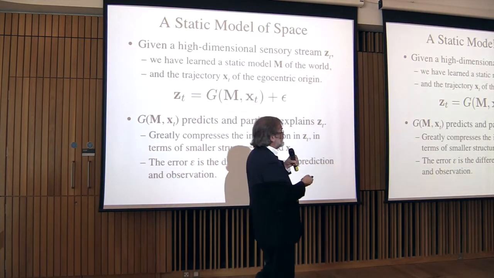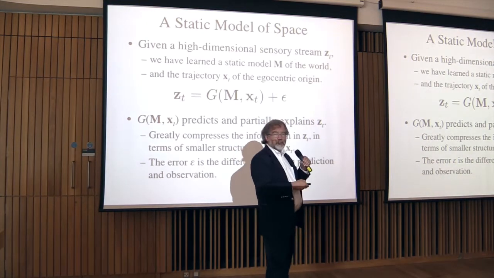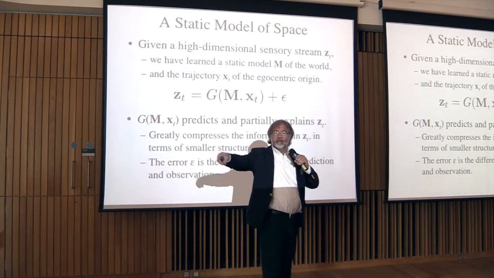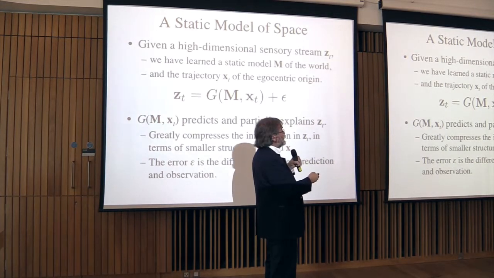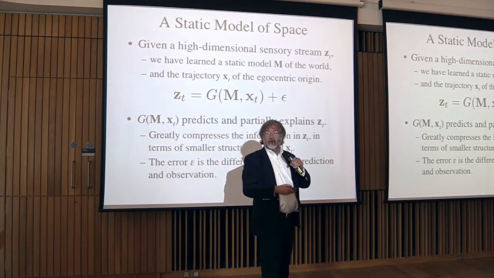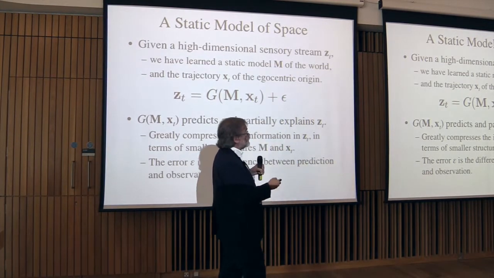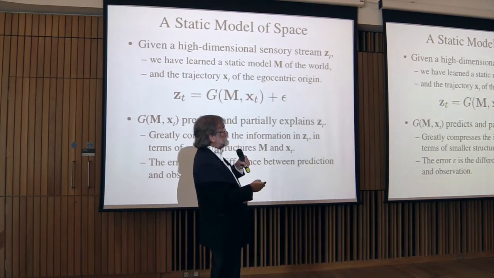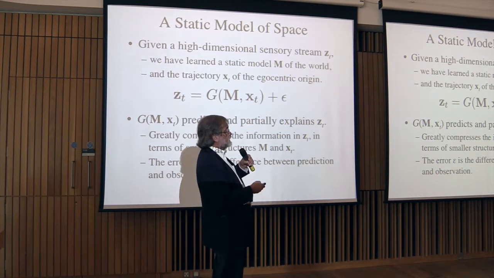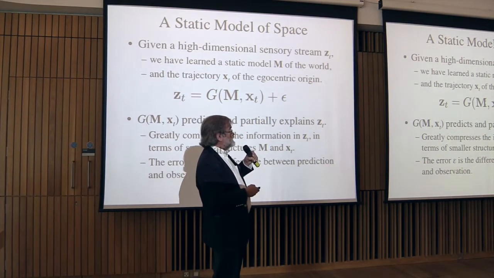Now the trajectory has a lot of time points, 10 times a second times the number of seconds we've got, but it's only got 3 dimensions: x, y, theta. So we've taken this fairly huge amount of data and factored it down into a static world model and a trajectory. And then we can define a fairly simple projection function that says, given that model and a point of view, what should I be perceiving?